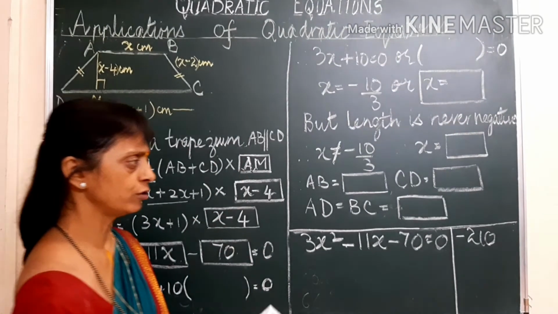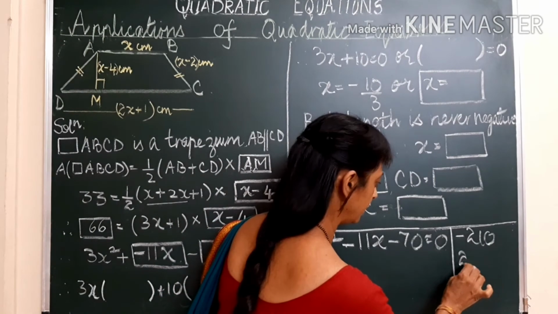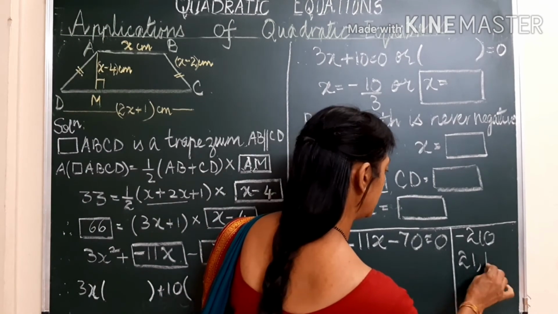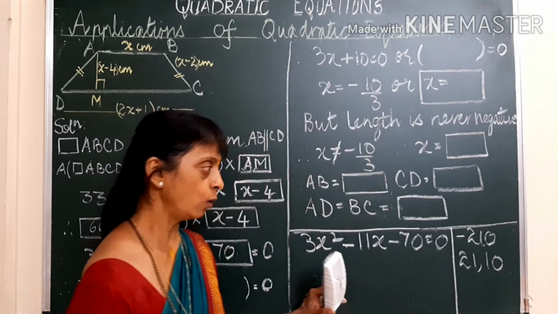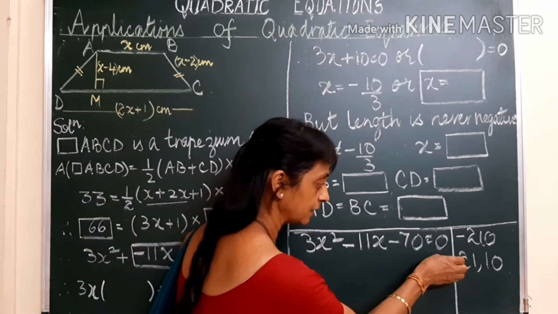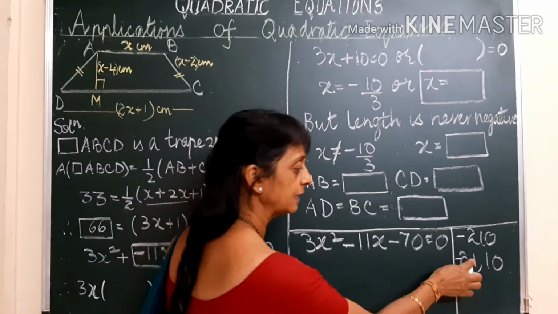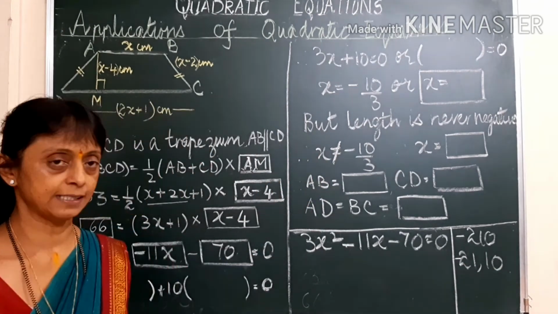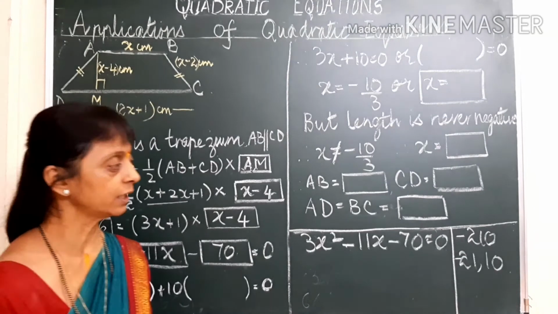So definitely children, we can have 21 and 10. What is the sign? Here you have minus 11. So let the greater number have a minus sign and the smaller number a plus sign. Let's see if we satisfy both the conditions.